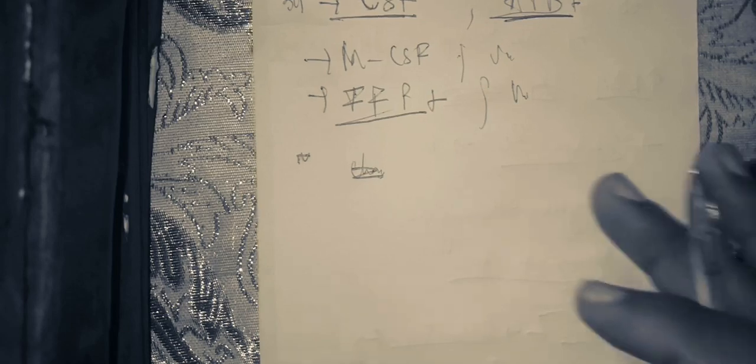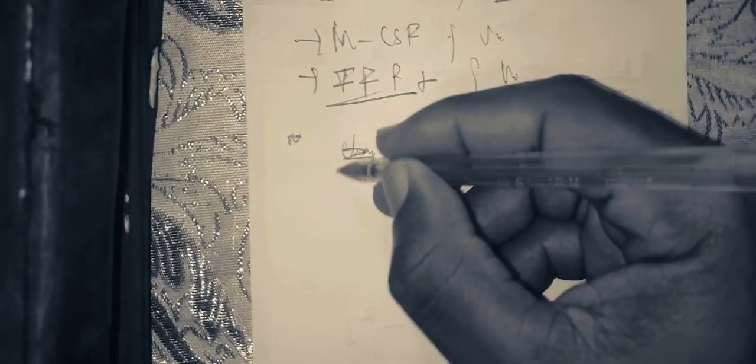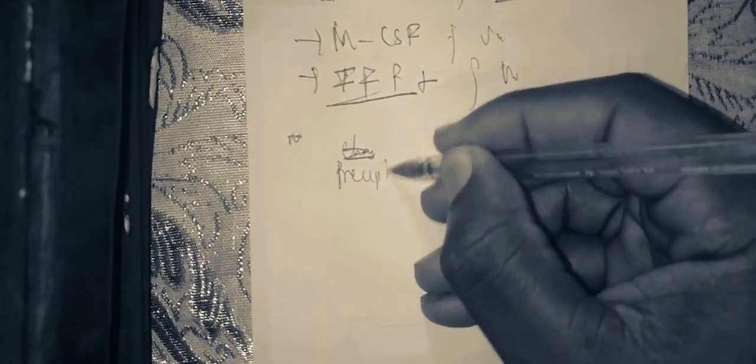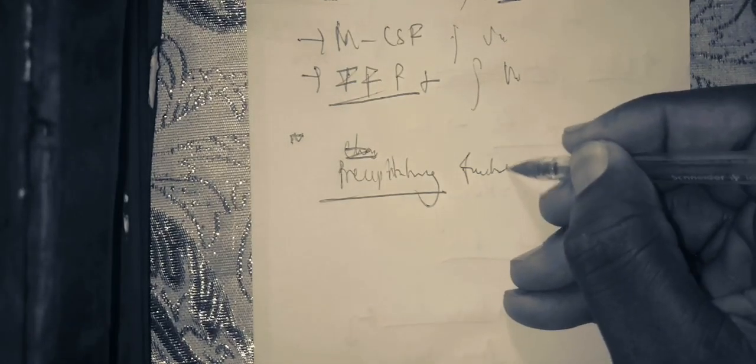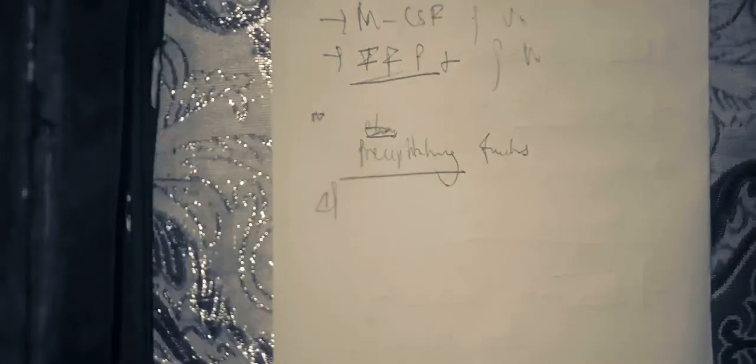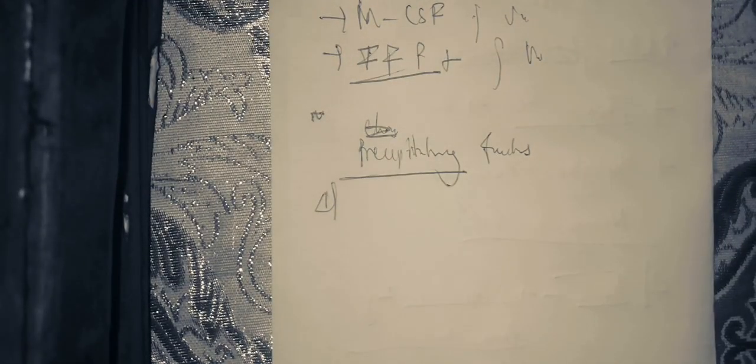So after managing the complications of sickle cell, you need to manage the precipitating factors effectively. What are the precipitating factors? You can have hypoxia. When you have a patient that has hypoxia, you have to manage the etiology of the hypoxia. Is it acute pneumonia?